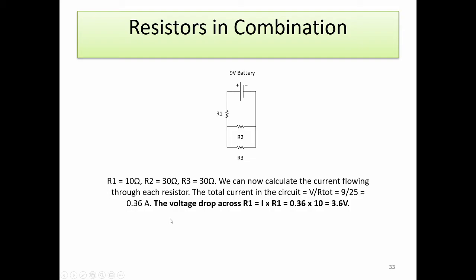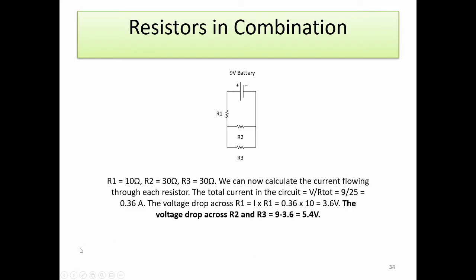The voltage drop across R1 equals I times R1, which is 0.36 times 10, so the voltage drop across R1 is 3.6. The voltage drop across R2 and R3 will be 9 minus 3.6, which equals 5.4.